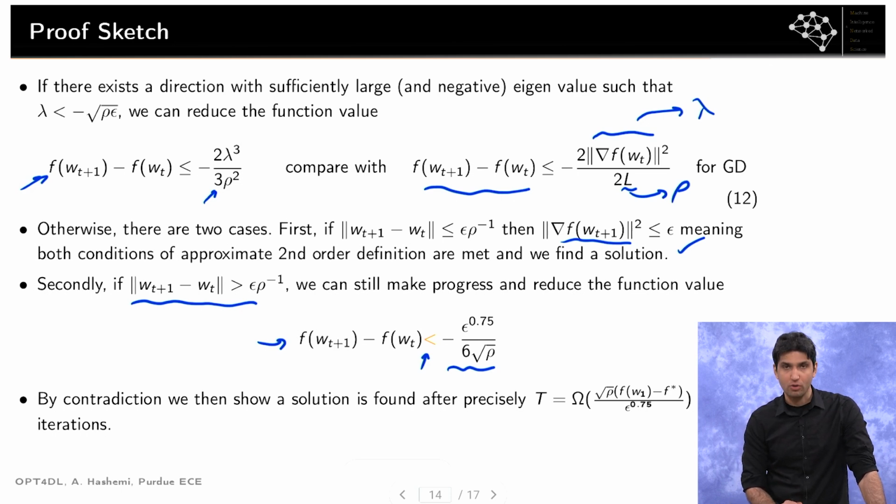So the most important point here is this strict inequality, which we can then leverage in the last step to use an idea based on contradiction to show that we can find a solution precisely after these many iterations.